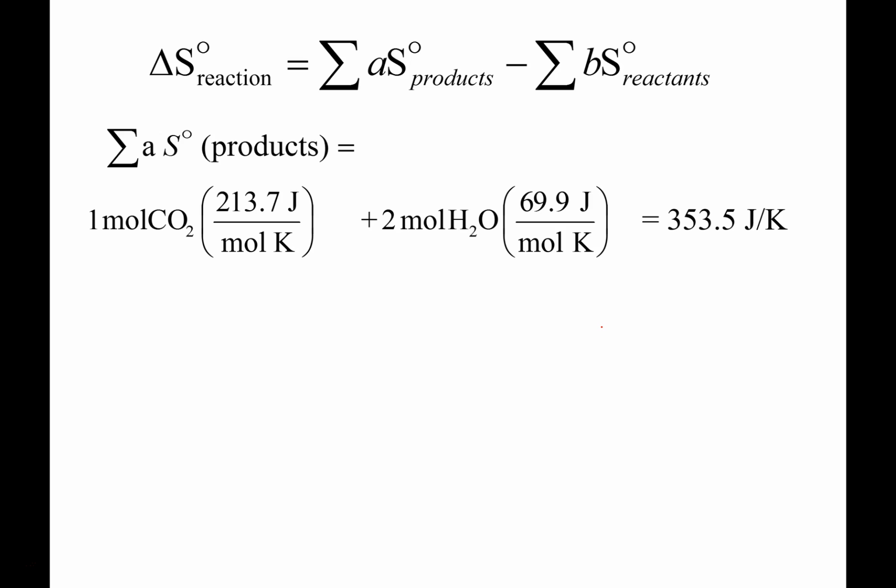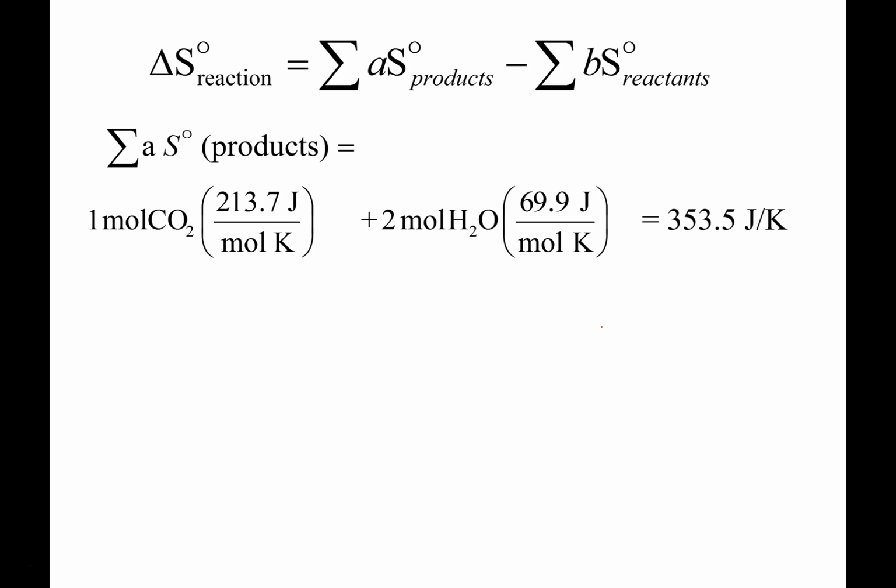So the product side, 1 mole of CO2 times its molar entropy, 213.7 joules per mole Kelvin. Now, if you're like me, you're like, oh, dang, our enthalpy was in kilojoules, and this is in joules. So you're right, we're going to have to fix that when we add them together.